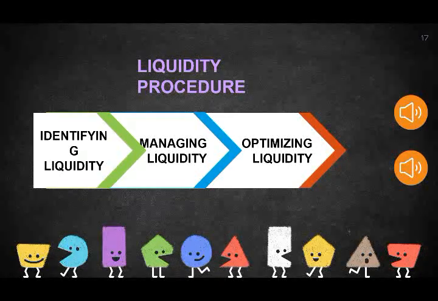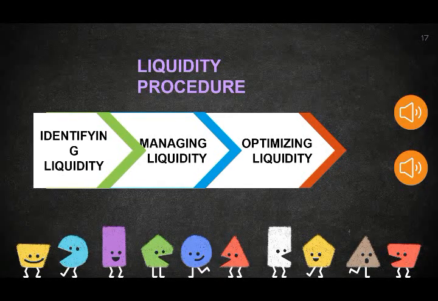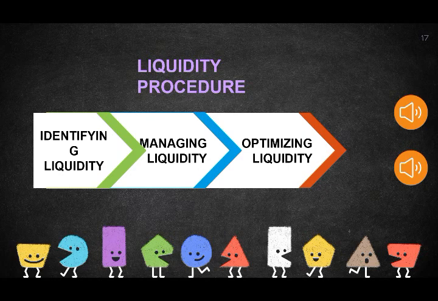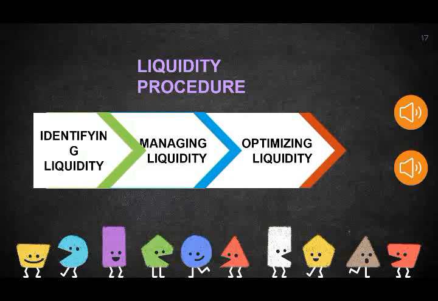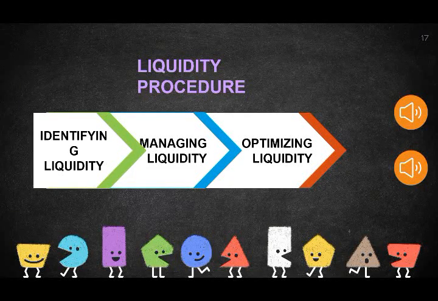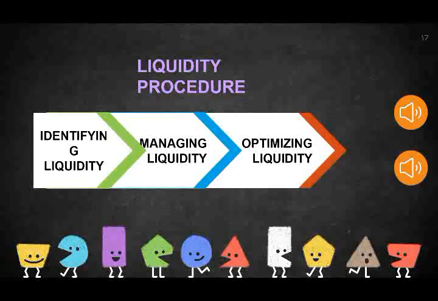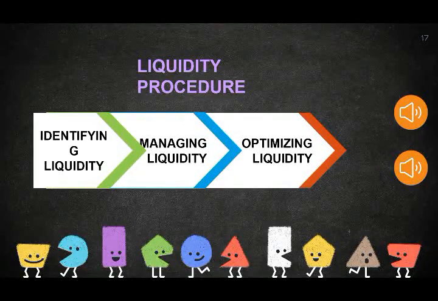Identifying liquidity is the foundation on which the entire liquidity management process depends. It involves understanding the balances and positions of the institution on the enterprise-wide level. After identifying liquidity comes managing liquidity, in which the identified liquidity is used to support the bank's revenue-generating activities.